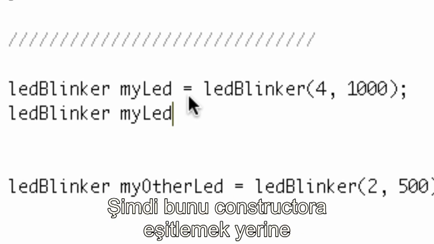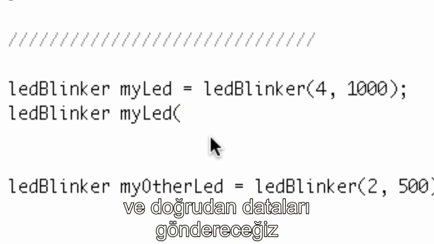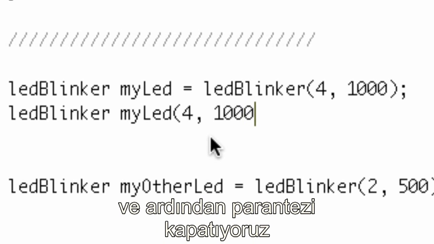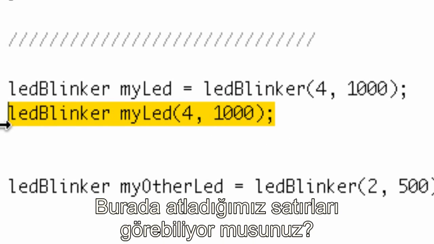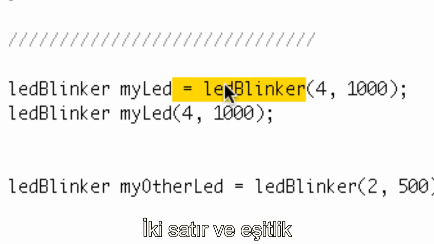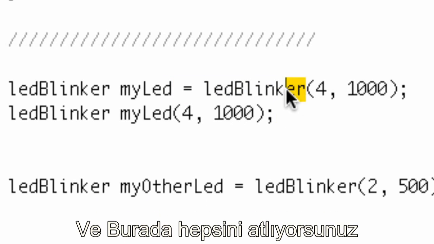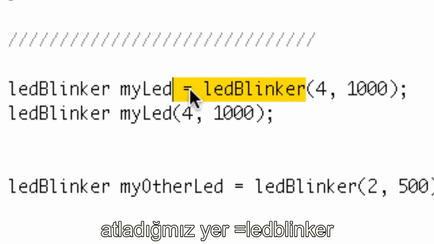But now, instead of setting it equal to the constructor, all we're going to do is open a parenthesis, directly send the information, those arguments, and then close the parenthesis. So do you see this? All we've done is skipped this right here. And these two lines of code are equivalent. All you're doing is skipping this equals LEDBlinker.